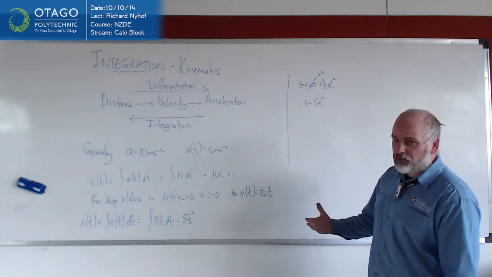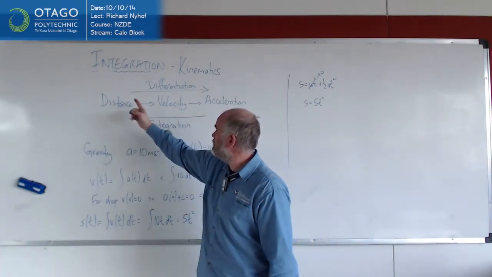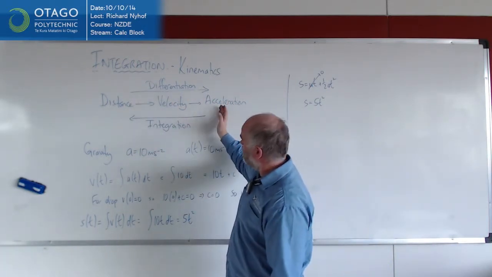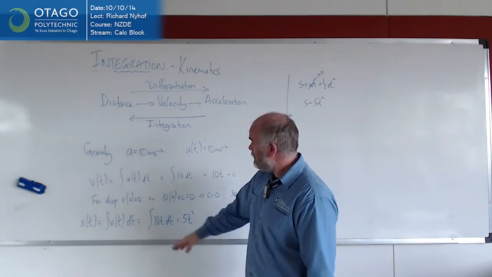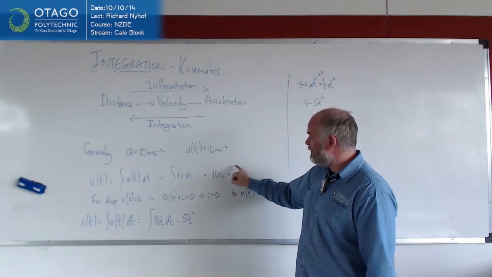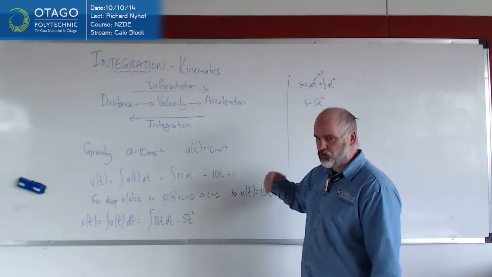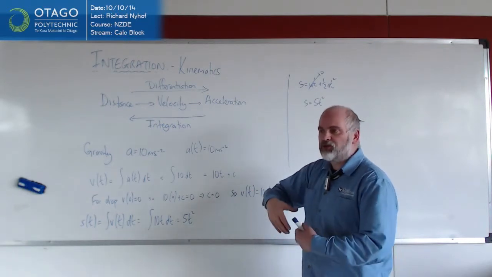Okay, so in terms of kinematics, distance to velocity to acceleration is differentiation. Going the other way is integration. It's just a matter of doing the integrations, and you do need to be a little bit wary about these plus c's that pop up, which are basically dealing with the initial conditions. So what was it doing at the start?